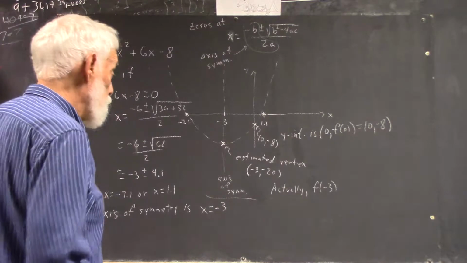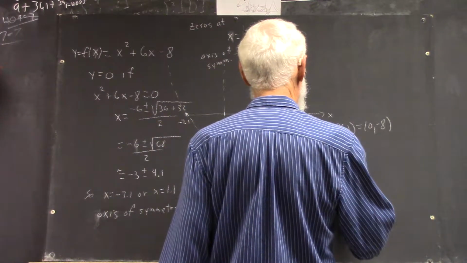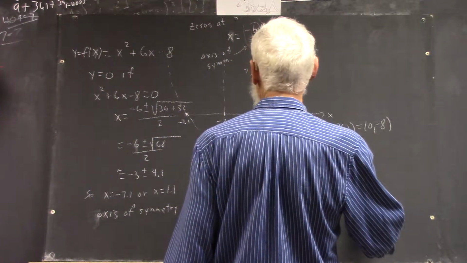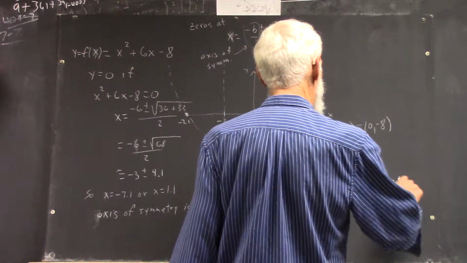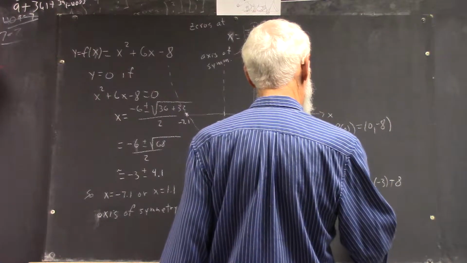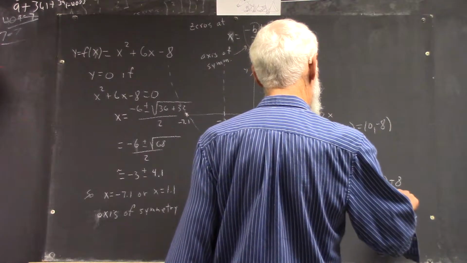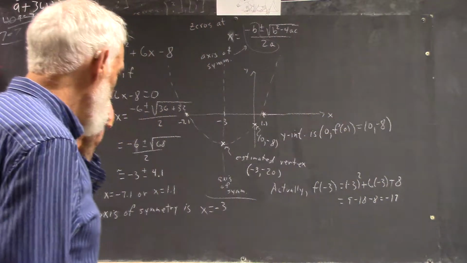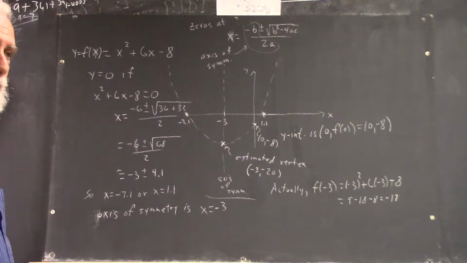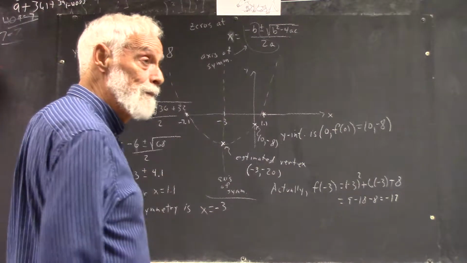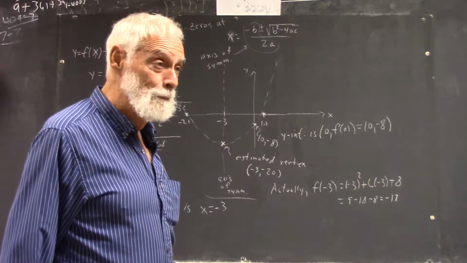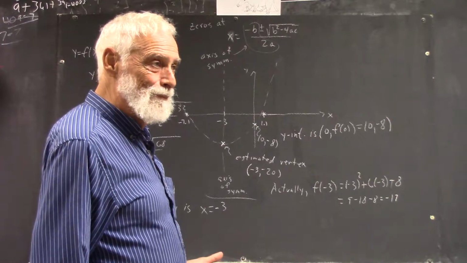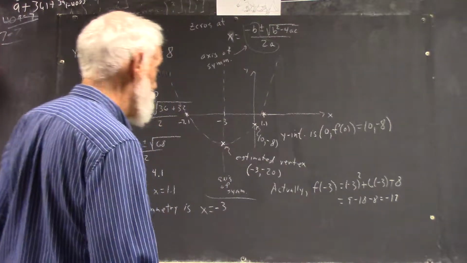Plug -3 into the function, it's actually -17, which means it's not too far from -20. So if you combine my graph with Brendan's estimate, we're doing pretty good, right? Not too far off, okay?